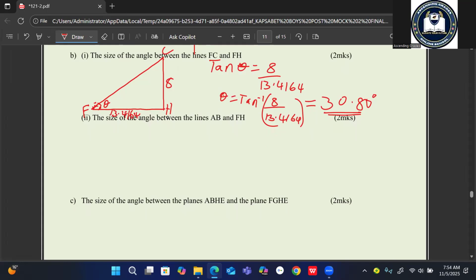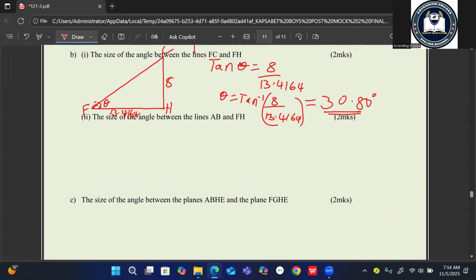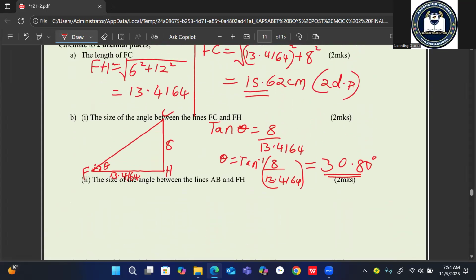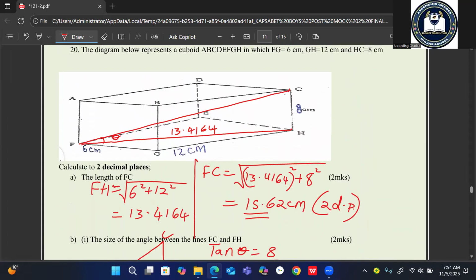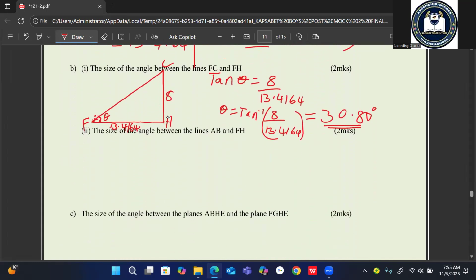So we go to Roman 2. The size of the angle between lines AB and FH. So AB and FH, we can skew AB to become FG. So it's like they want this angle, the angle that is between FG and FH. So FG is the same as AB. So we can draw that triangle.